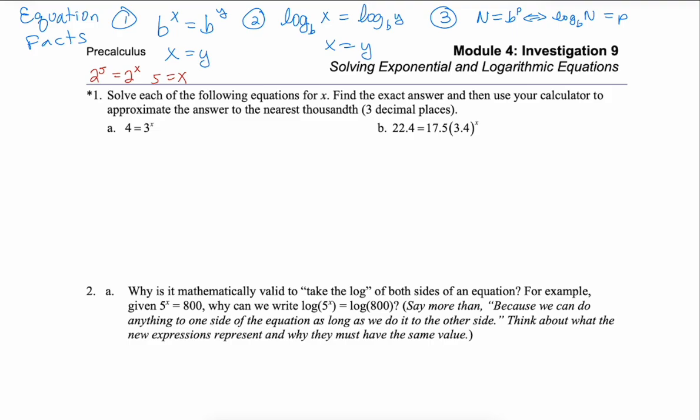The second fact is that if you can get both sides contained into the same logarithm base, the whole side has to be in there, you can drop away the logarithm. Example, if I have the log base 2 of x equals the log base 2 of 7, I know that x is equal to 7. So it's just a very simple kind of thing, okay?